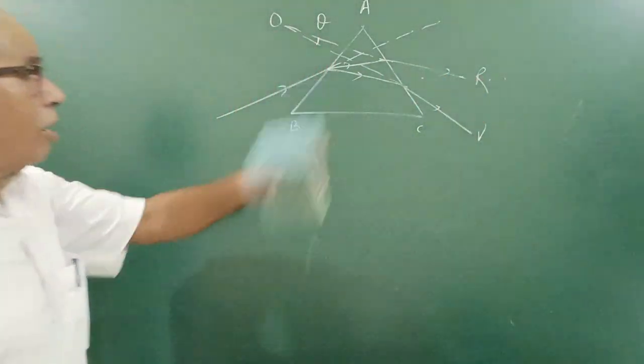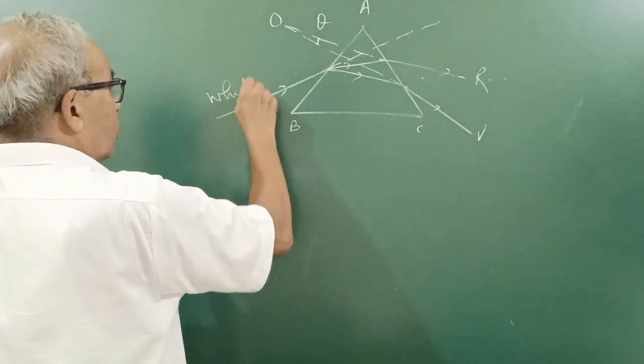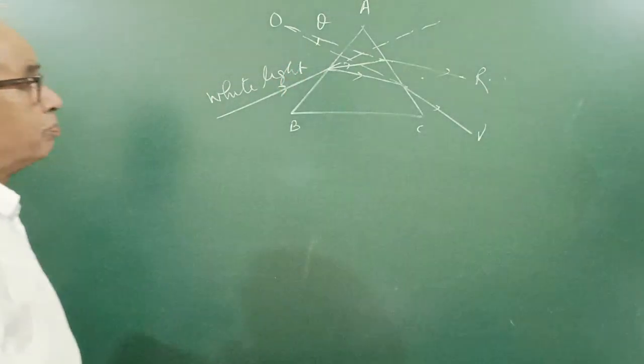There are other colors also. Don't think that there are only red and violet. It is a white beam, white light, passing through.